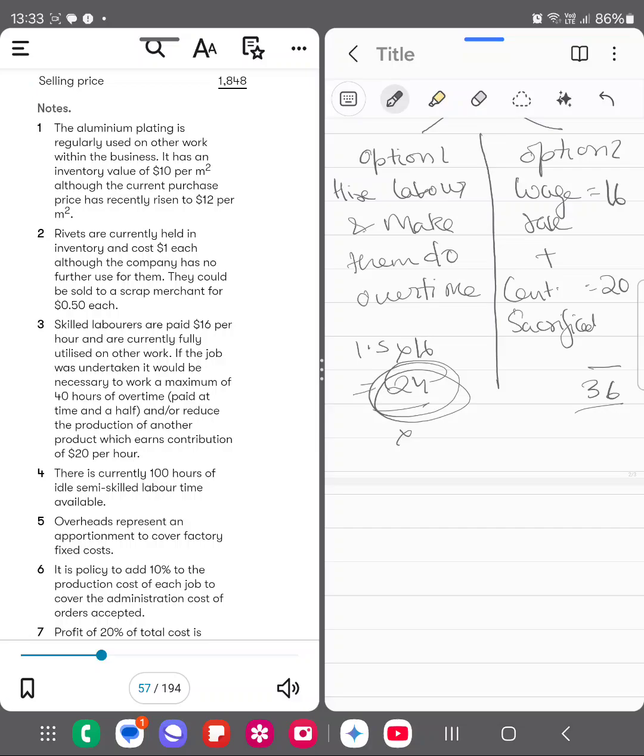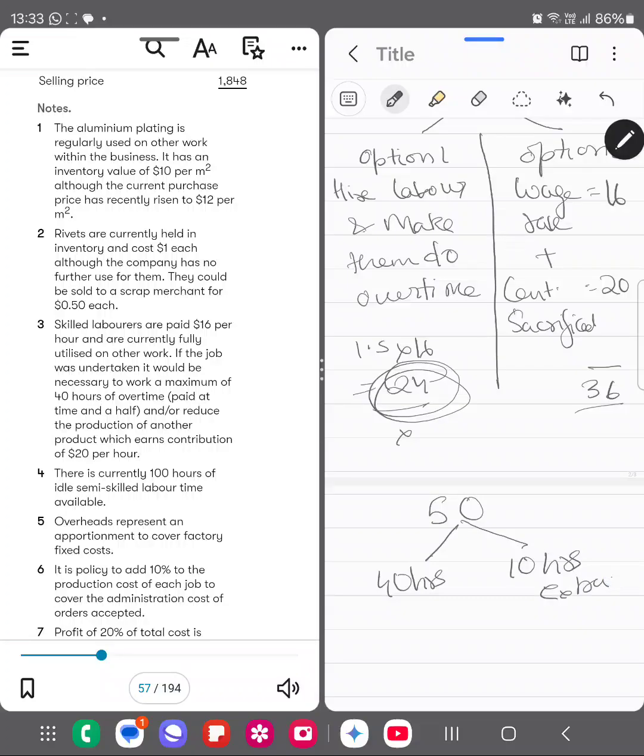So currently they have 50 hours available. They need 50 hours actually. They need 50 hours, out of which 40 hours are there. Okay, and 10 hours are extra.